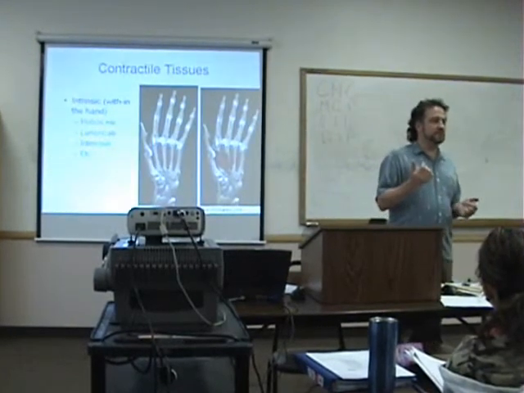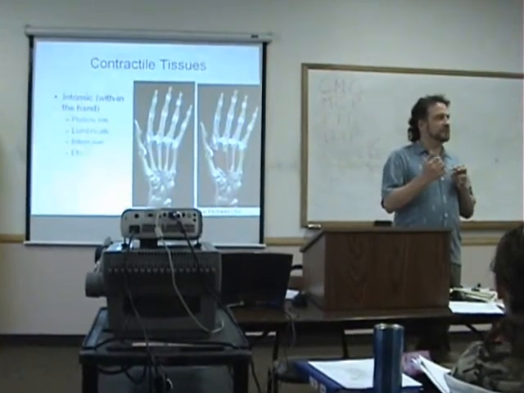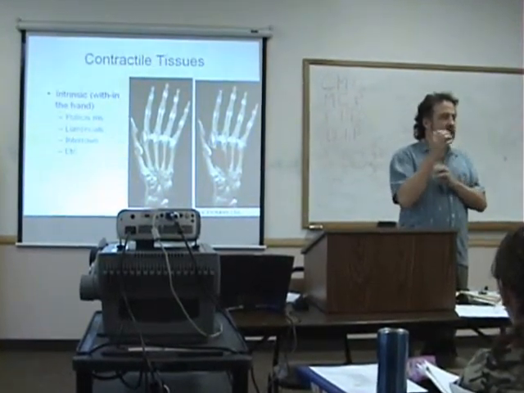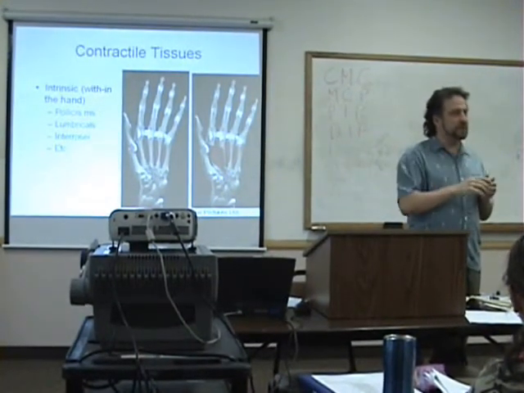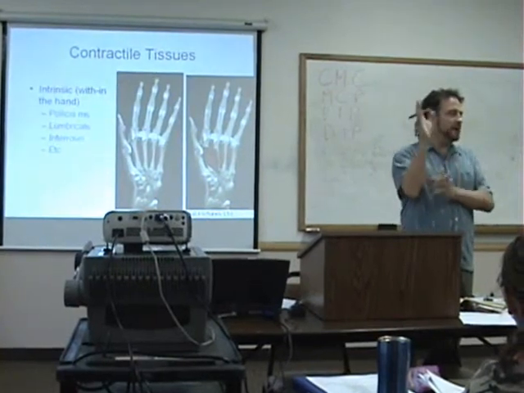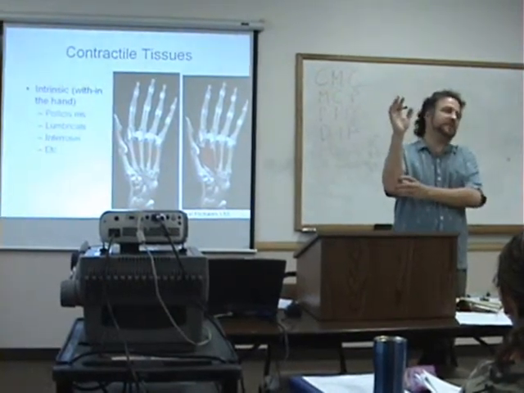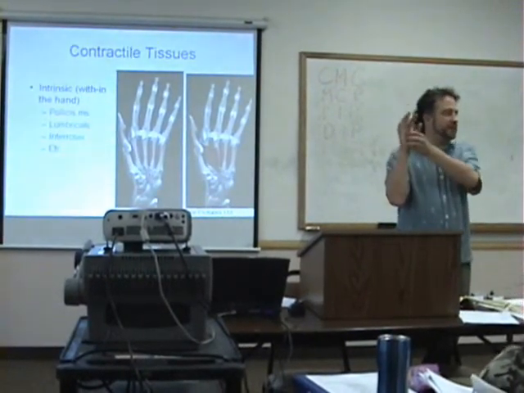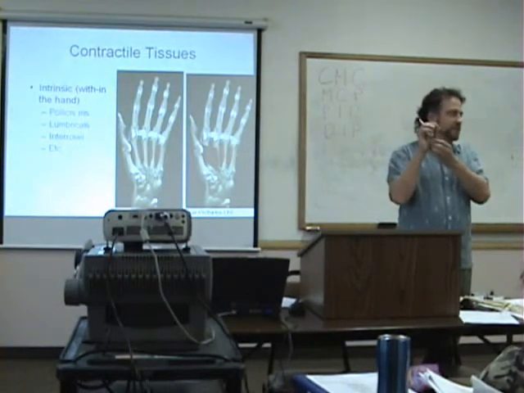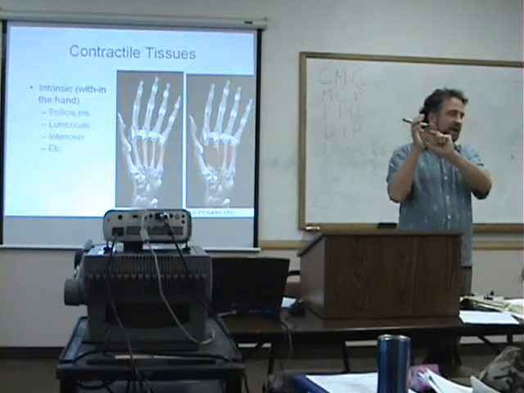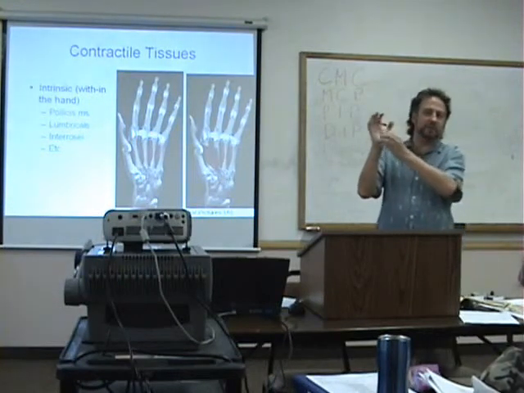Remember what those were? Well, yeah, intrinsic and extrinsic. They're mostly going to be the flexors and extensors too, but this divides it between where the muscle bellies are in another place and all you have is tendons in the hand, versus intrinsic muscles where you have the attachments, the muscle belly and everything within the hand.